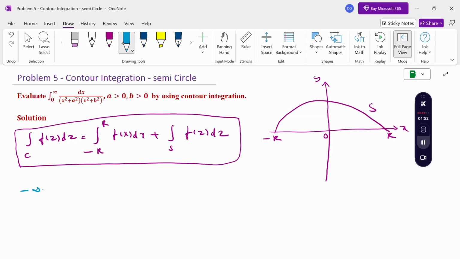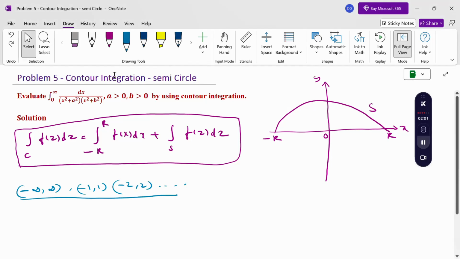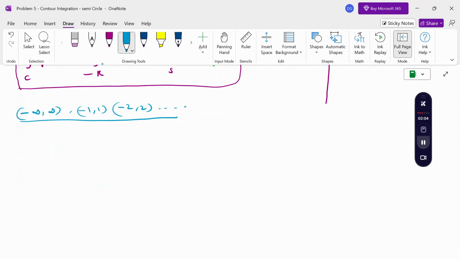So for limits minus infinity to plus infinity, minus 1 to 1, minus 2 to 2 and so on, we can check whether the function is an odd function or an even function. How to check?